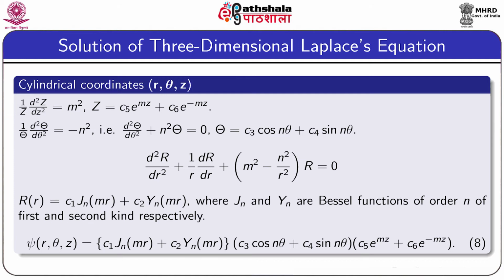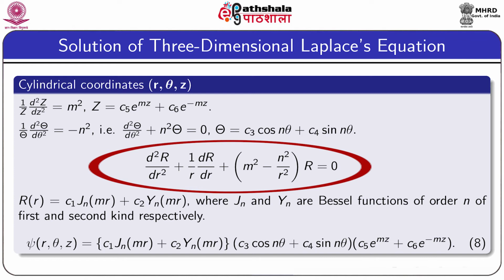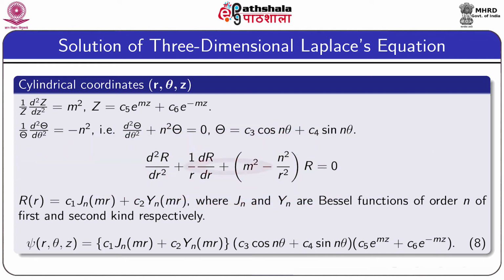But there is another equation, which is the equation in R, and the equation is written here: d²R/dr² plus (1/r) dR/dr plus (m² minus n²/r²) R equals 0.